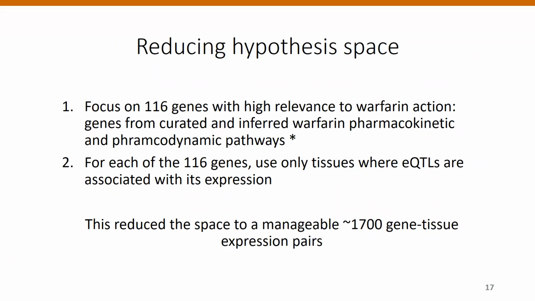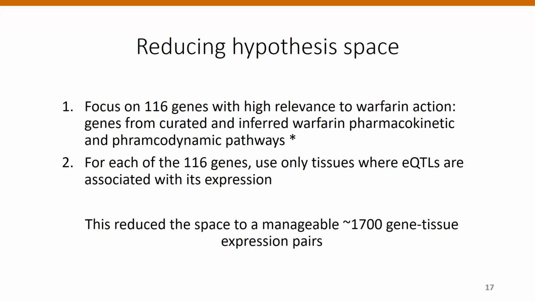we focus only on these. And also for each of these 116 genes, we took only the tissues where we found eQTLs associated with the expression of these genes, signifying that there probably is a strong genetic association with the expression of these genes.